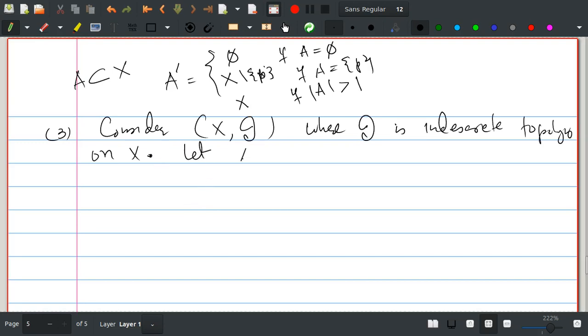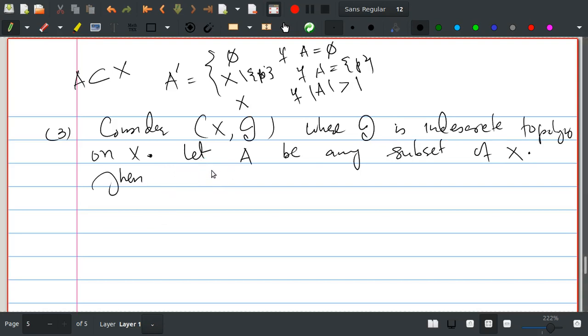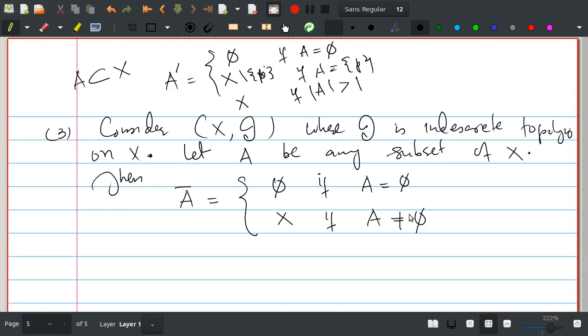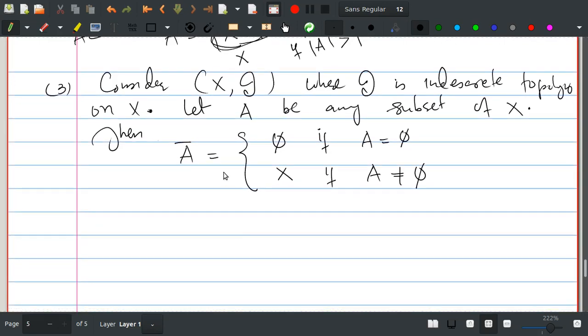So let A be any subset of X. Then A closure is either empty if A is empty, it is whole X if A is non-empty, because in that case A prime is this set, and hence A union A prime is this set union A, which is the singleton P, which is whole X. So that means in indiscrete space any non-empty subset is a dense set.